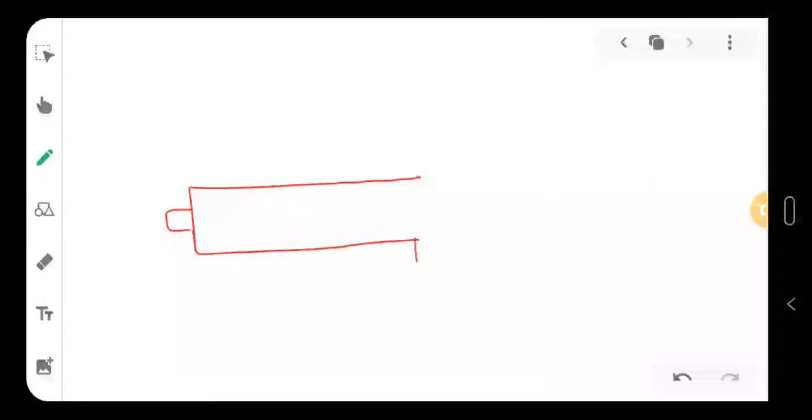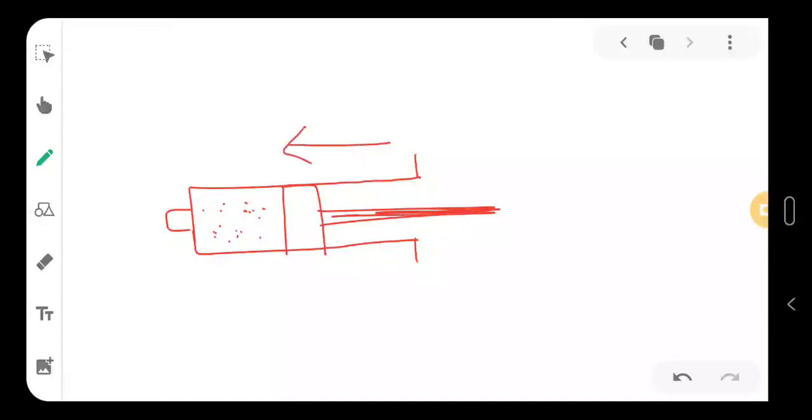Now one experiment you can do in your home, you can take a syringe. You know that there is a piston inside the syringe. You can take some smoke here, and then you can do one more thing.